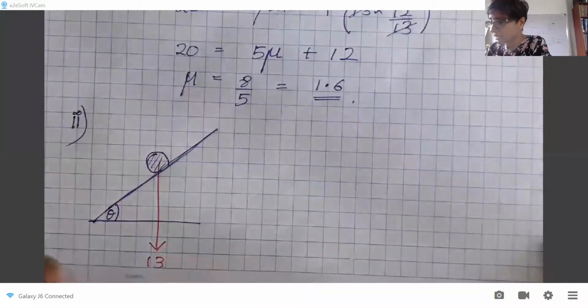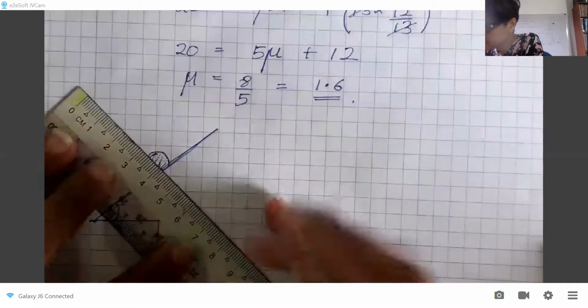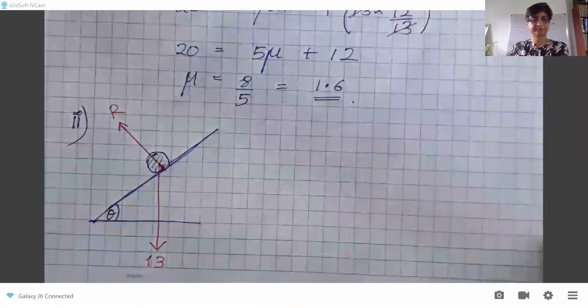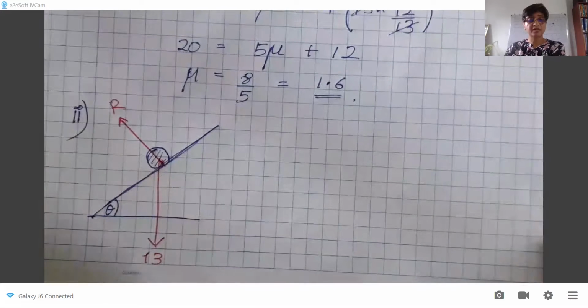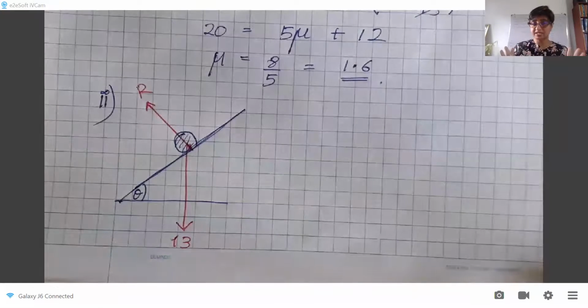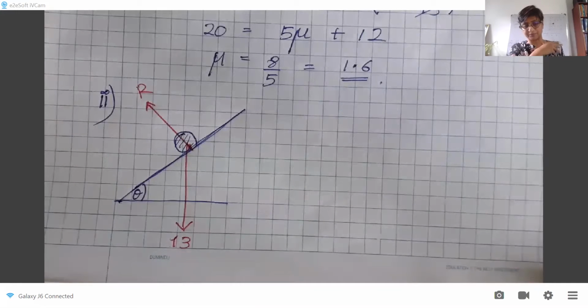Here's my R. There's my R. This is rough. The slope is rough. Now you have to think there are no external forces applied on this object trying to move it up or push it down. It's just left on the slope and there is friction.